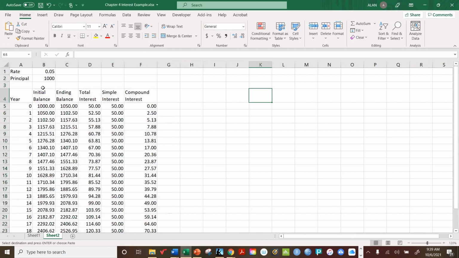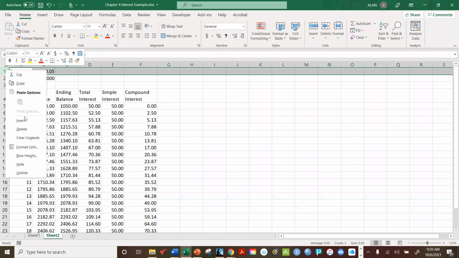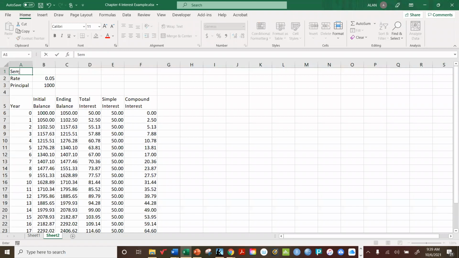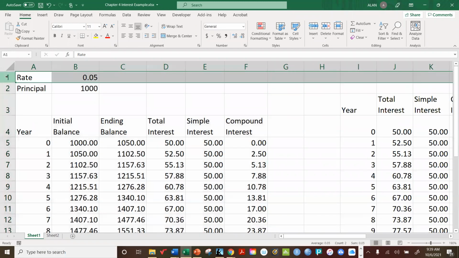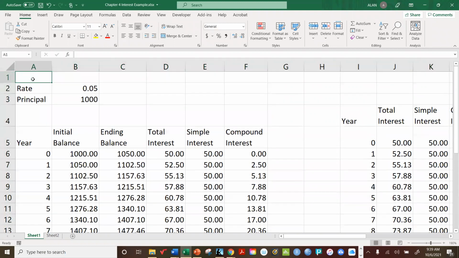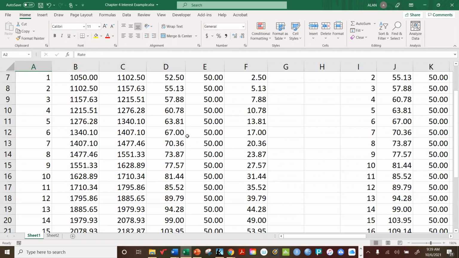All right, now if I'm going to do semi-annual, what I need to do is have not 20 years on my chart. Actually, let me insert one more row so it's obvious. And I might as well do that here too, so that it's crystal clear that this is meant to indicate annual compounding. That way, when you look at it later on, you won't forget what I've done.